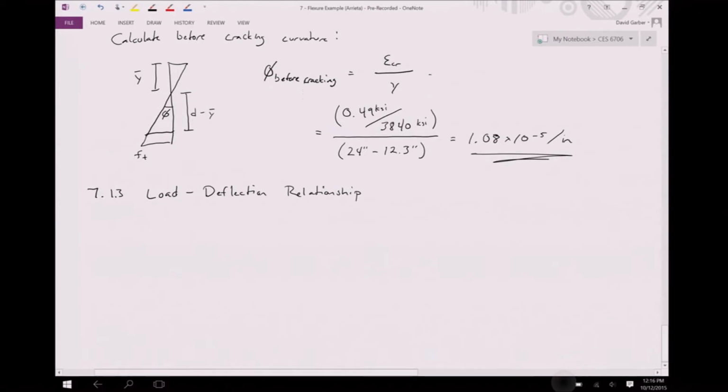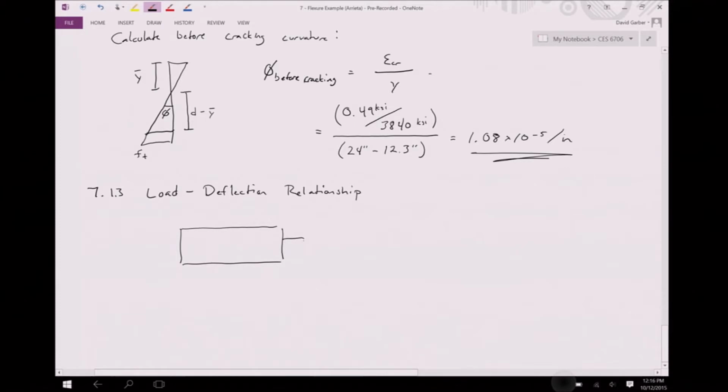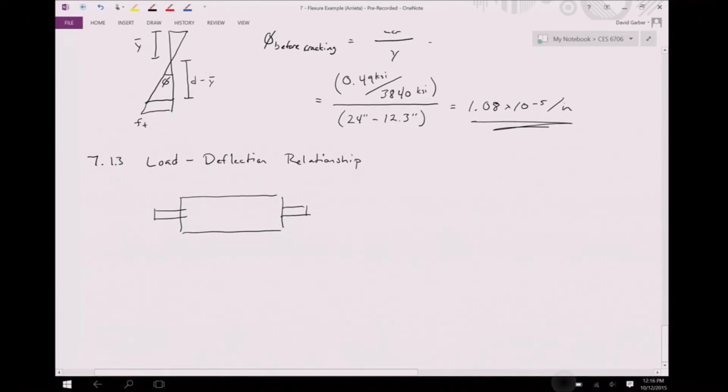And in order to calculate our yield curvature, we need to calculate first our cracked transformed moment of inertia. So I'm going to draw our cracked transformed section. So we have our concrete, we have our compression steel, assuming that it falls in the top block, and then we have our tension steel. So our tension steel, we have AS times n. Our compression steel, we have AS prime times n minus 1.